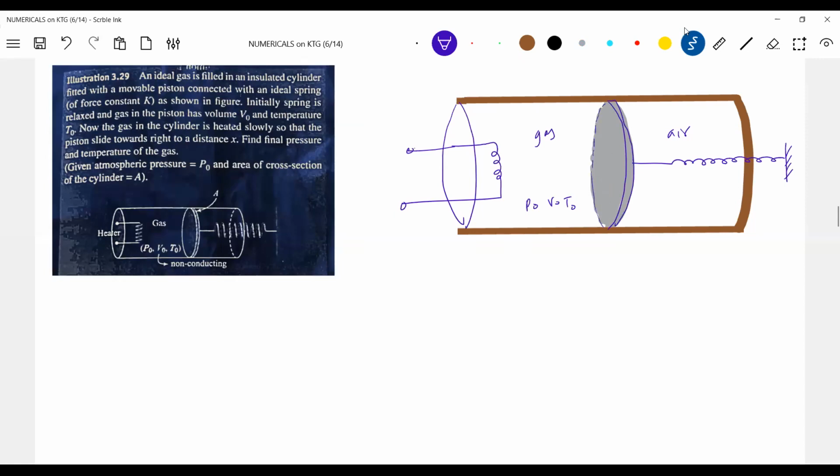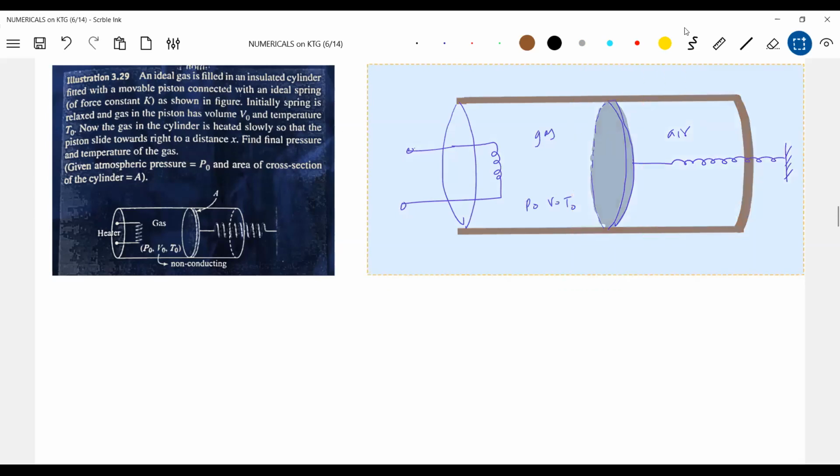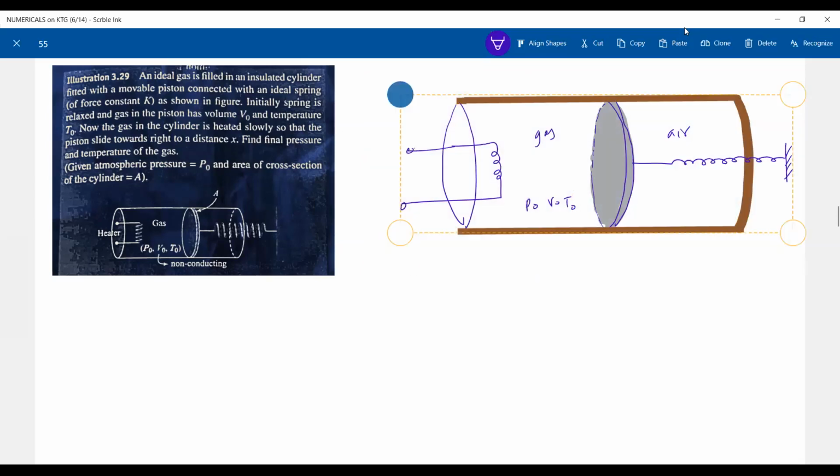Let's get into this one. What is it telling? The gas in the cylinder is heated slowly so that the piston slides towards the right through a distance x. This is the piston.